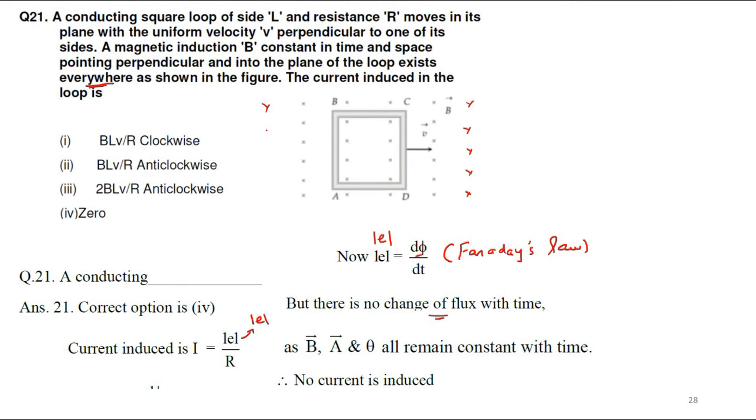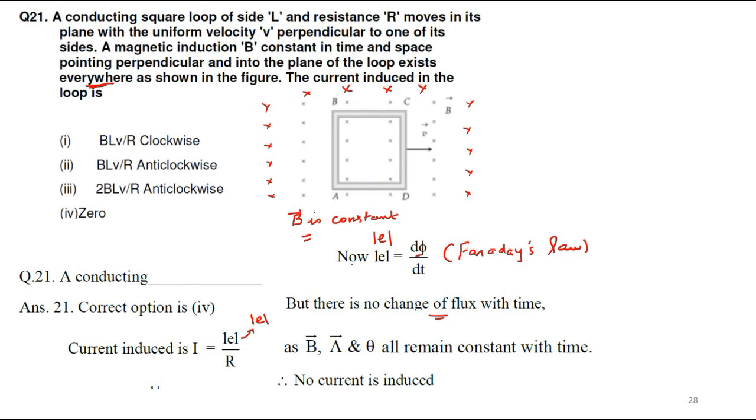This side also, here also, even above, the field exists everywhere. So all the time the magnetic field with the loop is constant. B is constant, both in space and time it is given.